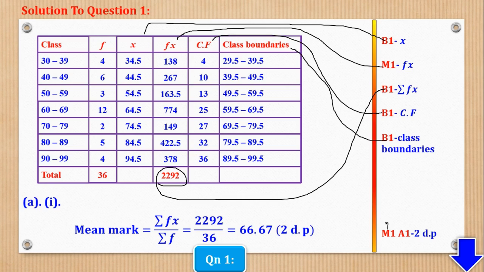Then on this side, M1 is for you to substitute in the formula, and A1 is for you to get the output to 2 decimal places, because the question specified 2 decimal places. So if they have more than 2, then this will now be a 0. So remember to round off to the required number of decimal places.